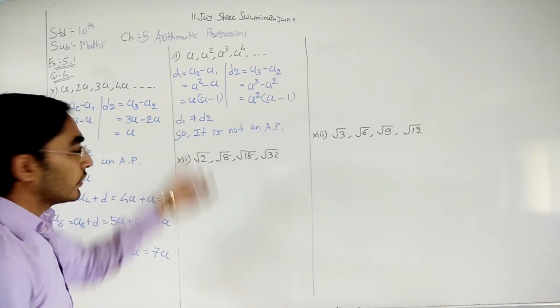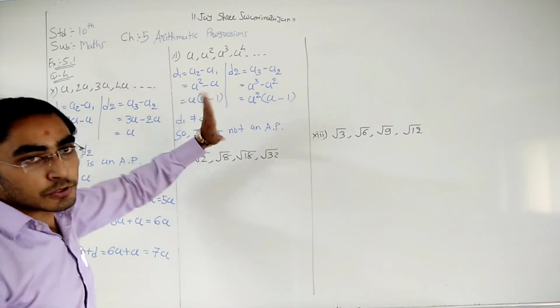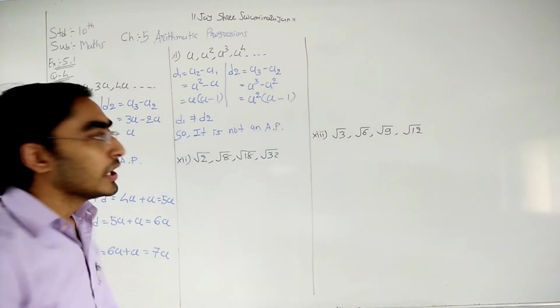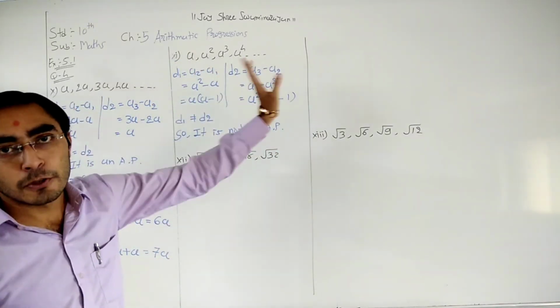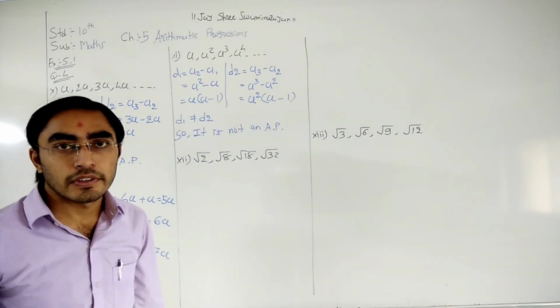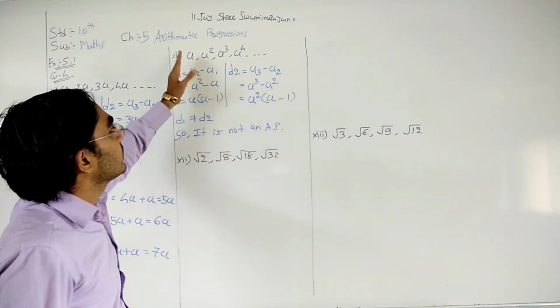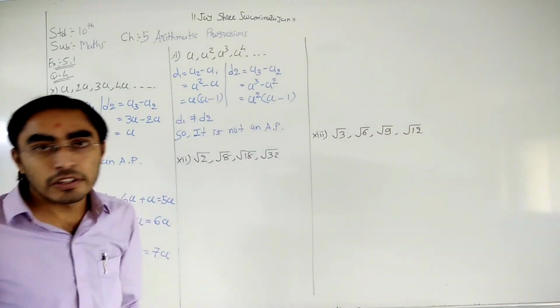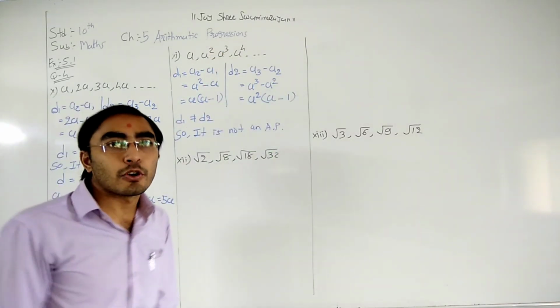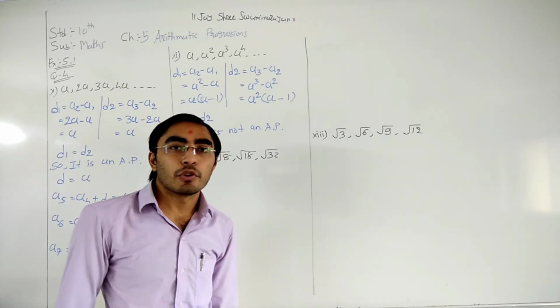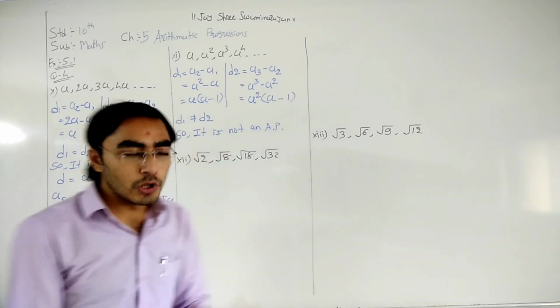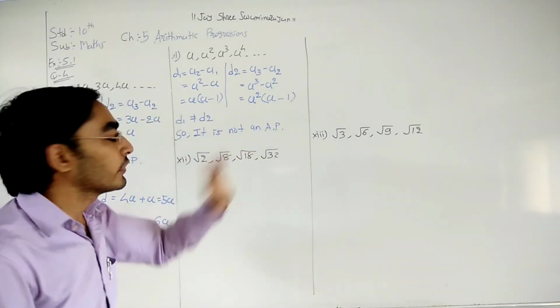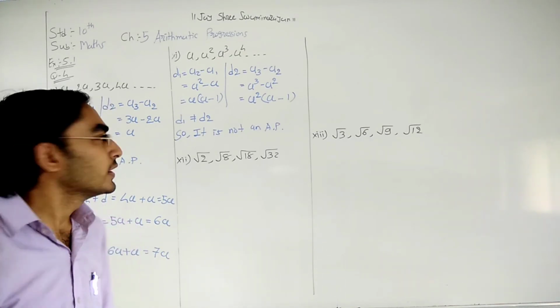Otherwise, this is an AP if A is equal to 0 or 1. If A is equal to 0, then 0, 0, 0 is a constant series. If A is equal to 1, then 1, 1 square, 1 cubed, 1 raised to 4, again forms a constant series. But except for 0 and 1, for all values of A, this is not an AP.